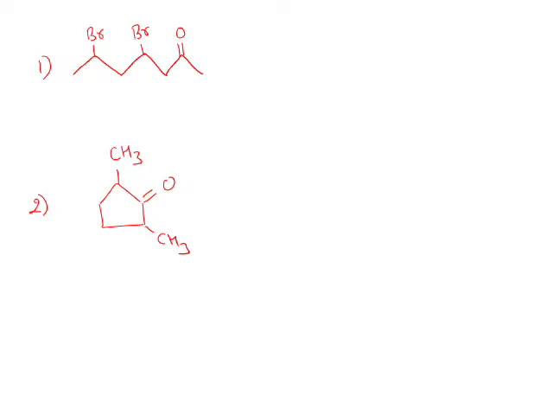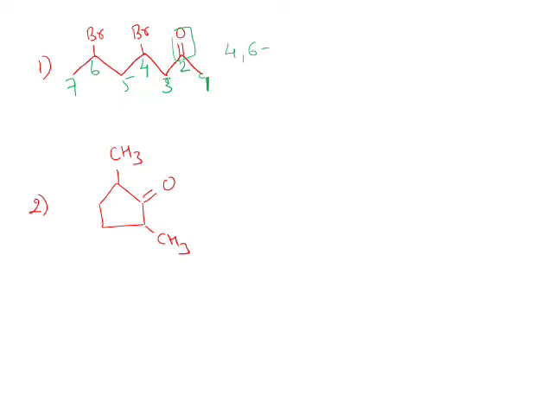So let's start. The first thing I see is a carbonyl group, and we know this carbonyl group is attached to both the carbons, so we know this is a ketone group. So we have to start counting from this end. 1, 2, 3, 4, 5, 6, 7, and we're going to name as 4, 6.